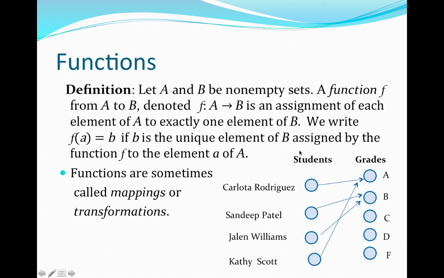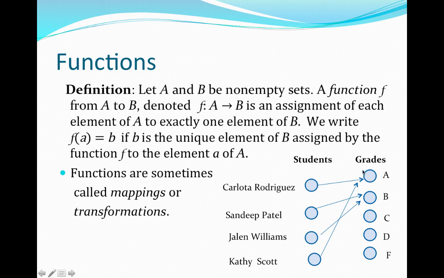And so in our particular example, our domain is going to be a set of students, in particular these four students, and our codomain is going to be letter grades A, B, C, D, and F. So the function is an assignment of each student to a letter grade. So every student is assigned a letter grade in the course, and this assignment is denoted by this arrow diagram.